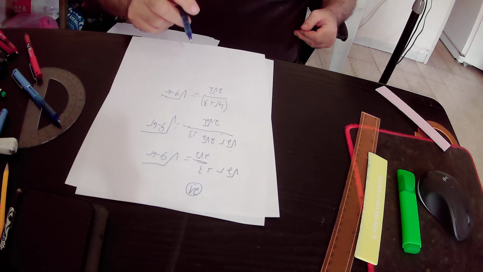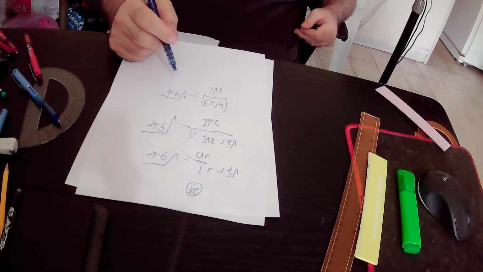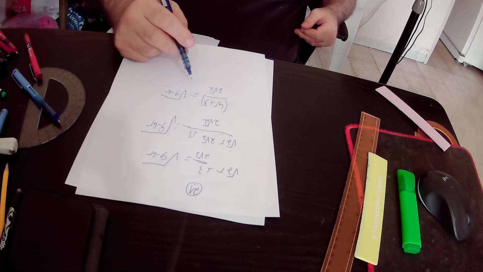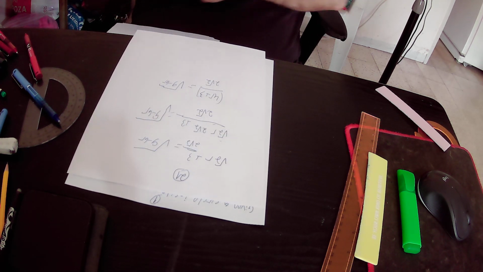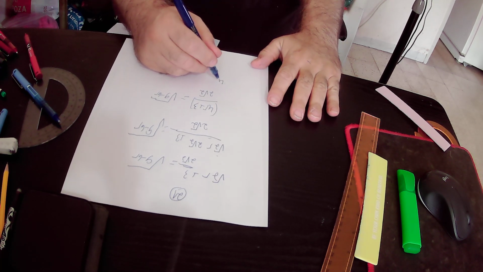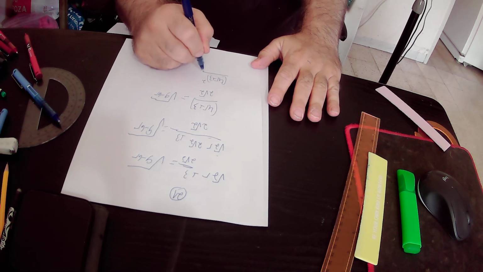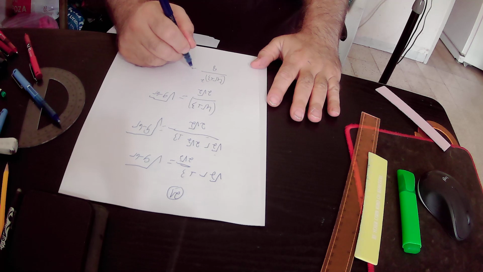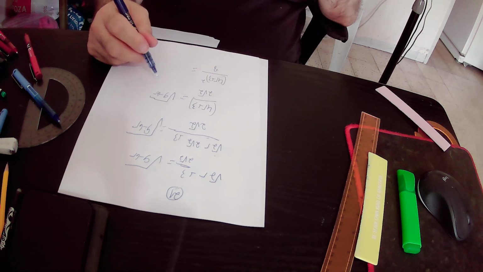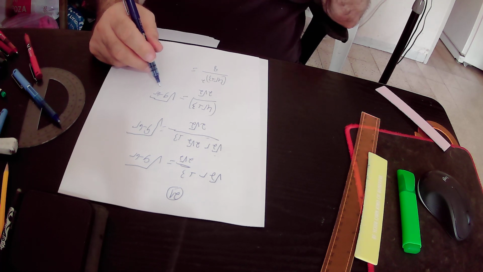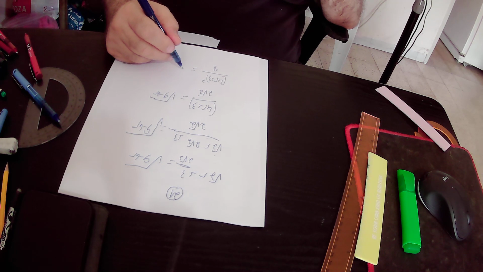Here we will square both sides of this equality, and we will get that 4R plus 3 squared, over 2 times root 2 squared, which is 8, equals the square of a root. The square cancels the root, so we are left only with 9 minus 6R.